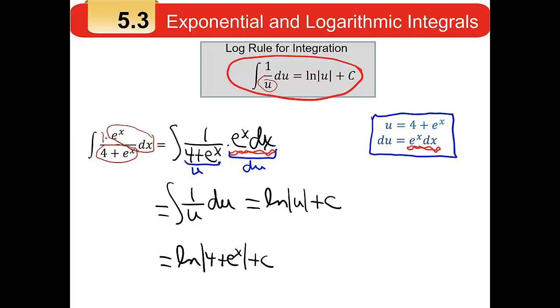Now I will say something here that may not be important at all. I have not even tried this, but if you put this answer in just like this, WebAssign should be fine with it, but the only reason to put absolute value around something is to keep it from being negative. And if you think about it a minute, raising e to a power cannot possibly give you anything negative, and adding 4 to it assures you that you get a positive answer.